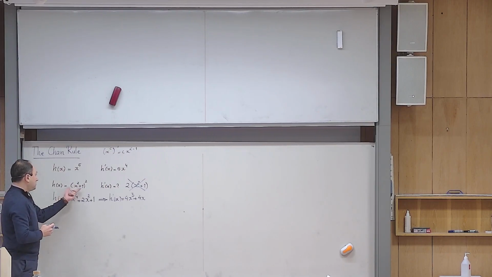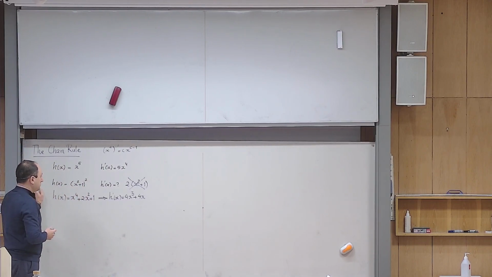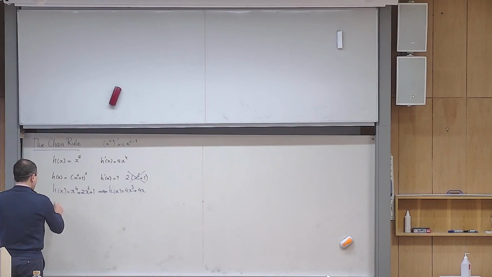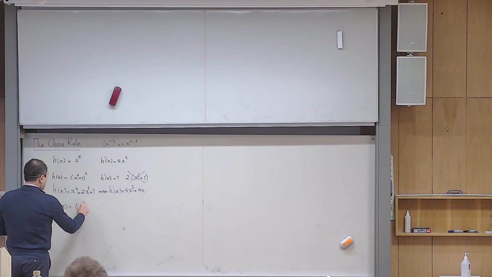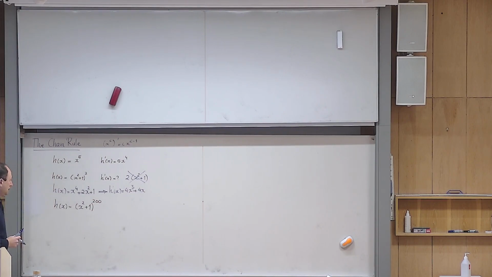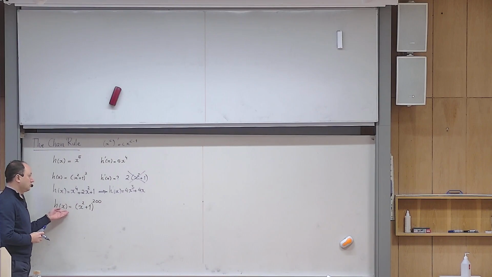Okay, but you might say that, okay, for differentiating this, I could do it, but let me change the function a little bit. So for example, let me just give you this function, (x squared plus 1) to the power 200 rather than 2. Still, theoretically, you don't need new math knowledge to solve that.